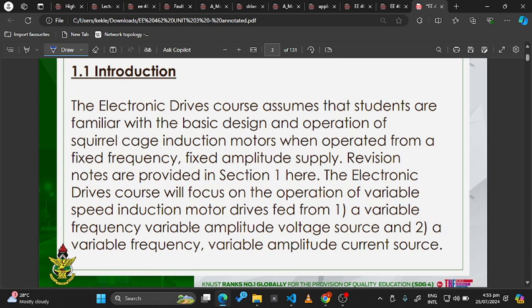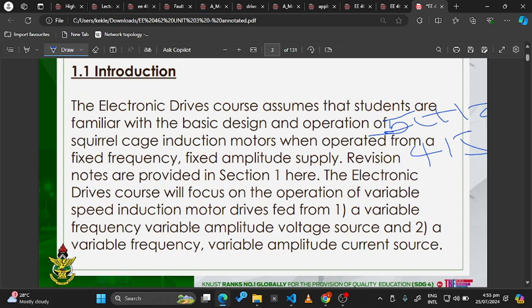So we already know how they work when supplied from a fixed frequency source with a fixed amplitude. When we were doing that, most of the questions we were looking at had them operated from a 50 hertz supply, maybe let's assume a line to line voltage of 415.